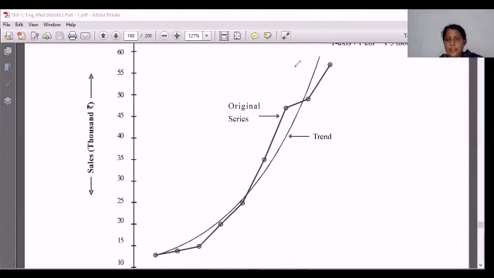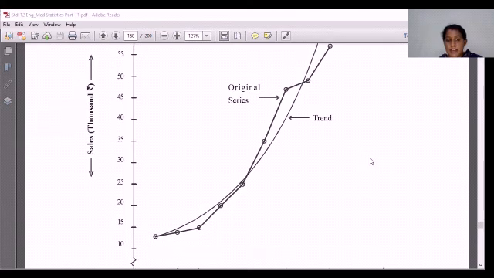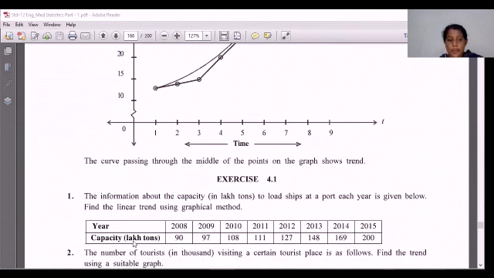Now let's see our exercise sums. Next is our exercise 4.1. So what is the question? The information about the capacity to load ships at a port each year is given below. Find the linear trend using a graphical method.